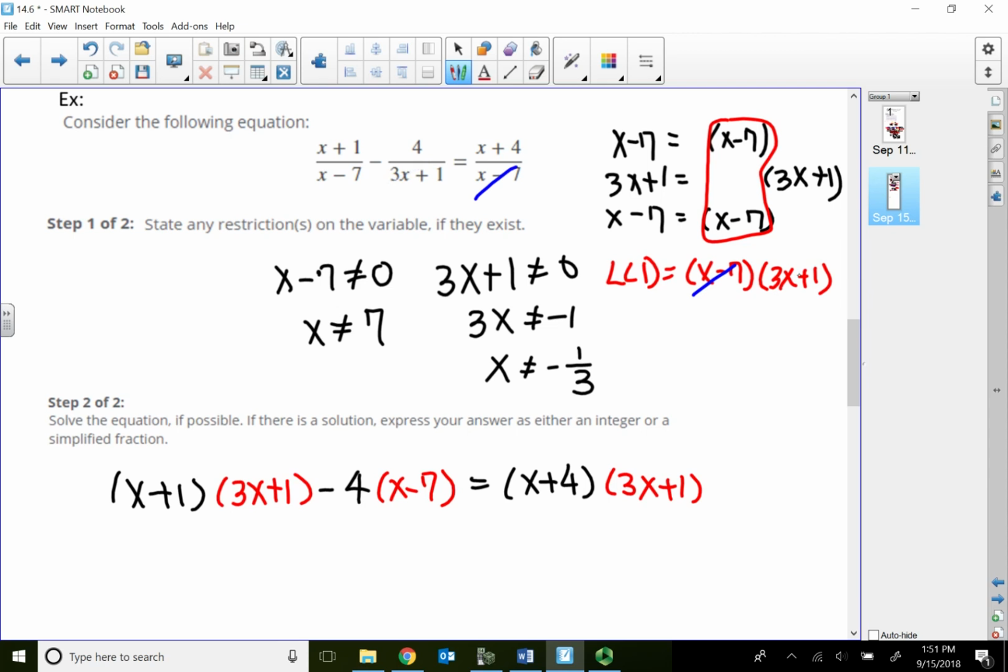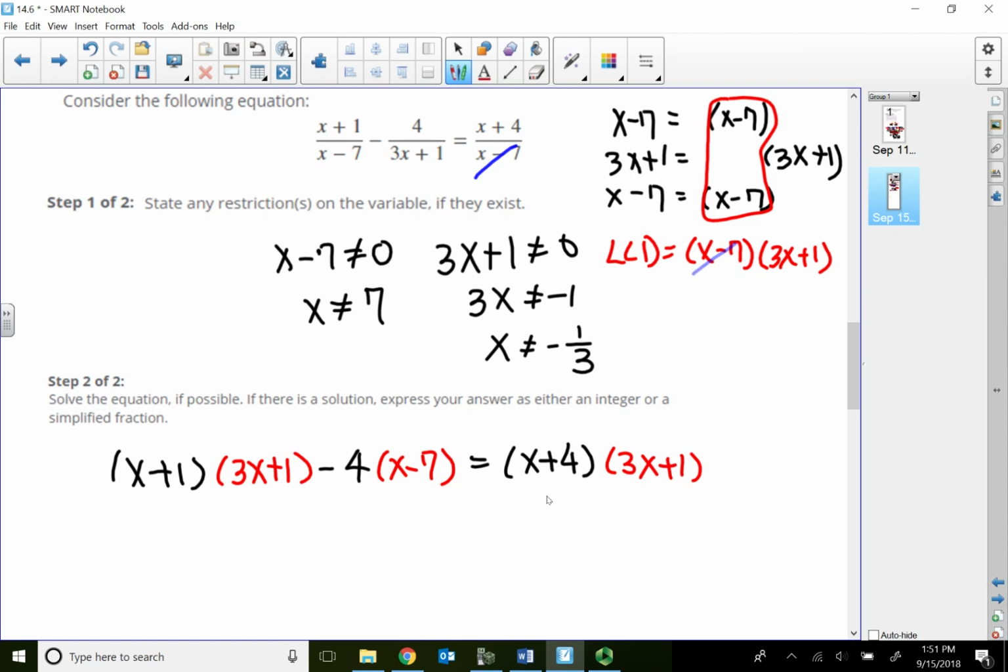So that becomes 3x plus 1 times x plus 4. All right, let's multiply this out here. So this is my first term, my second term here, and my third term.